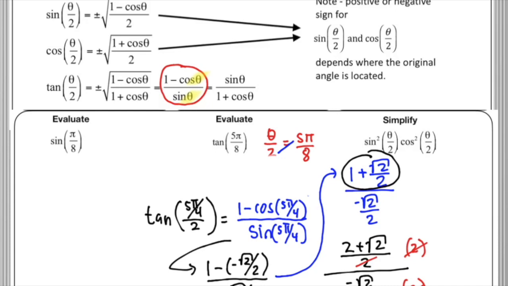And we are going to end up with a 2 plus square root of 2 all over negative square root of 2. And then I think I'm just going to multiply the top and the bottom by a negative square root of 2. And that should multiply that out, and that should go ahead and get rid of the square root on the bottom and give us what we need here.